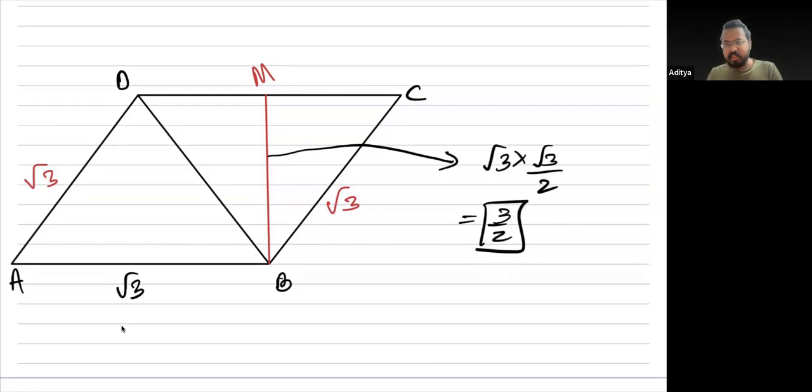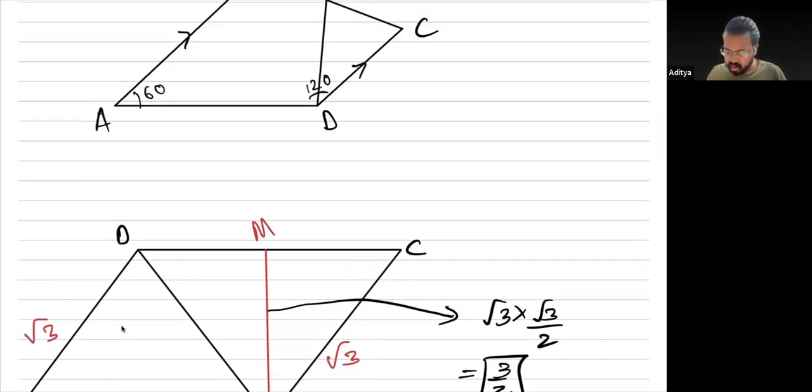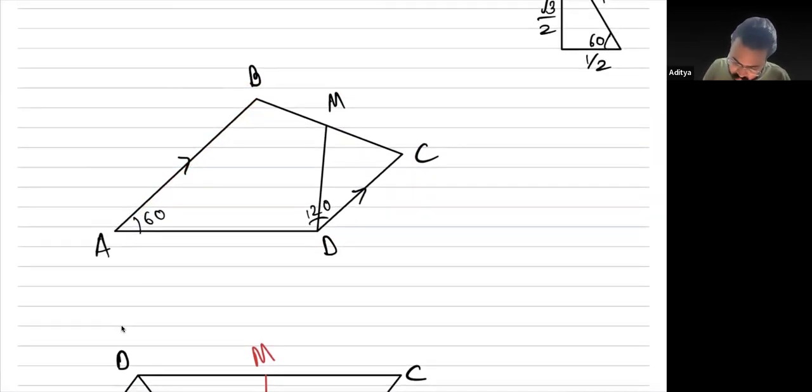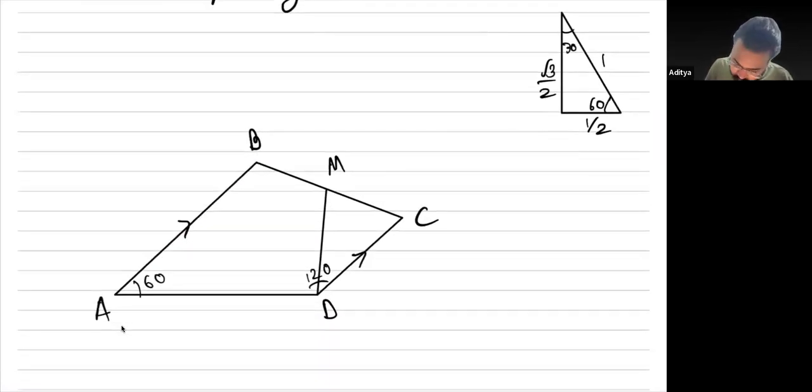Okay. Now this figure should actually give you an idea for making the construction in this figure. What you should try to do is, along the length AB, this is not the question figure.